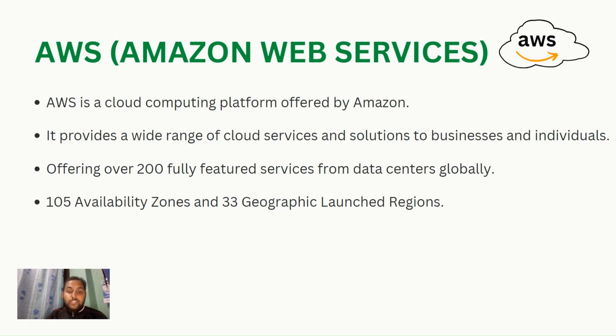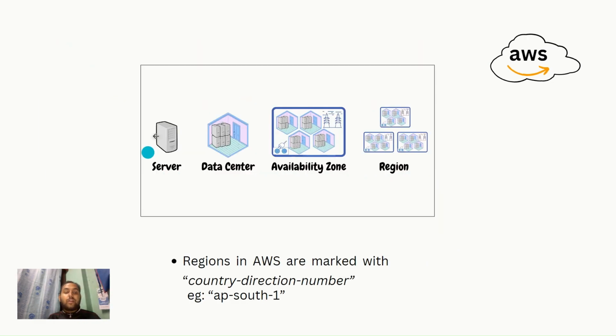AWS has 33 geographic regions worldwide, each containing multiple isolated locations known as availability zones, in total 105 availability zones. This provides a secure and resilient infrastructure. In this picture, it clearly explains that a server is a single computer or a virtual instance, and the data center is multiple servers.